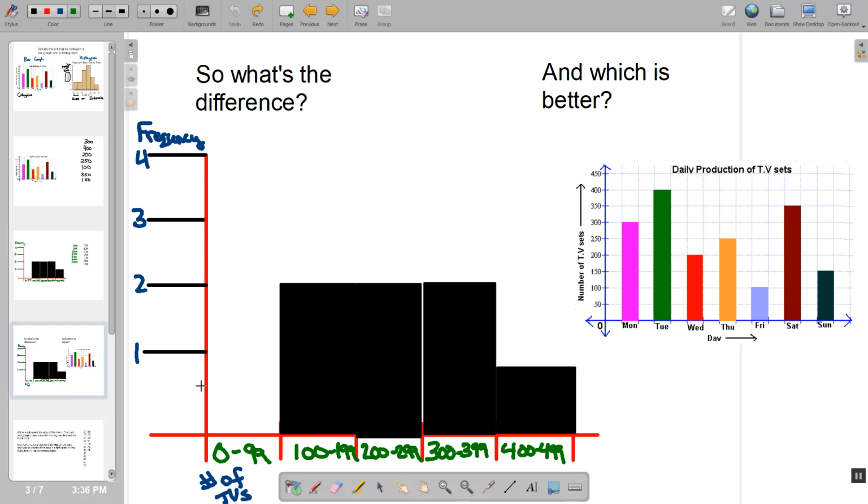But the biggest thing you have to remember is a histogram is always going to be giving you frequency of the data, or number of times it falls within a gap in the data, where a bar graph is always going to be giving you categories or types of something. And if you can remember that difference, you shouldn't have a problem creating and understanding bar graphs and histograms.